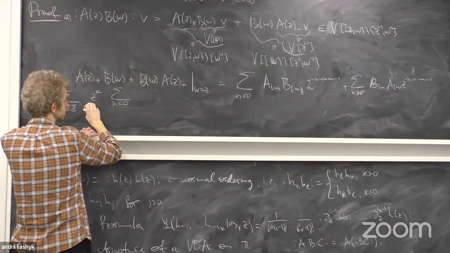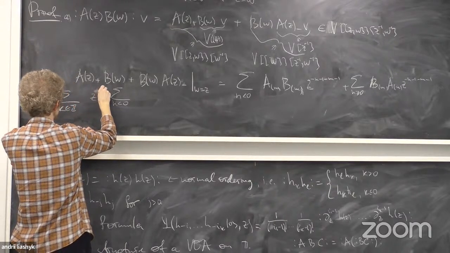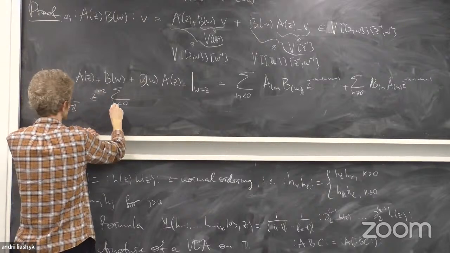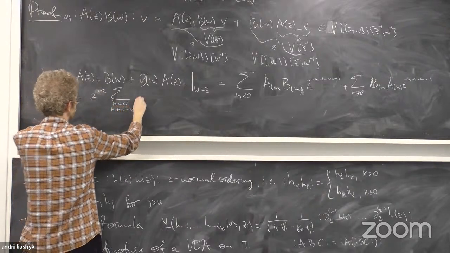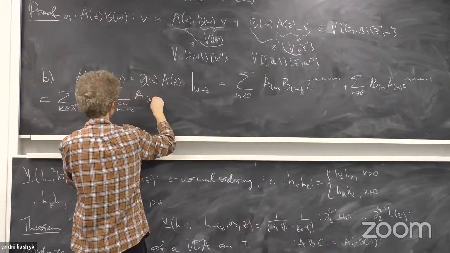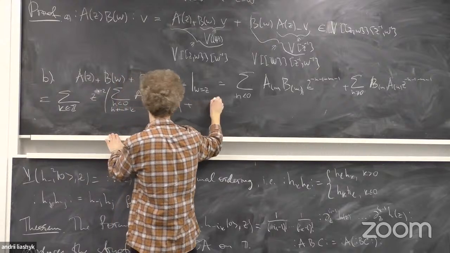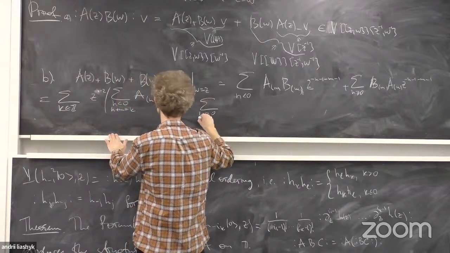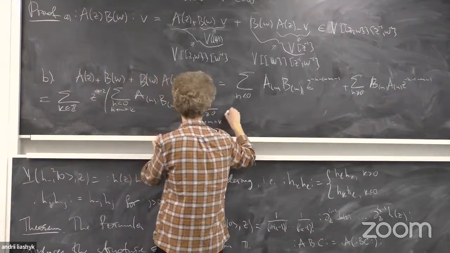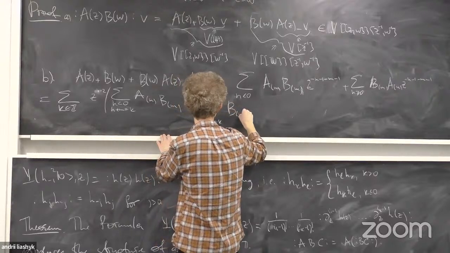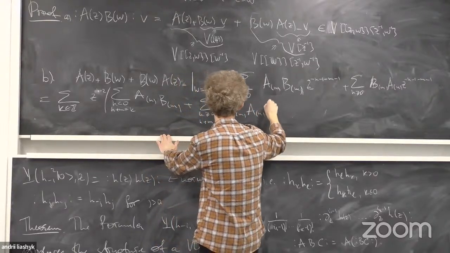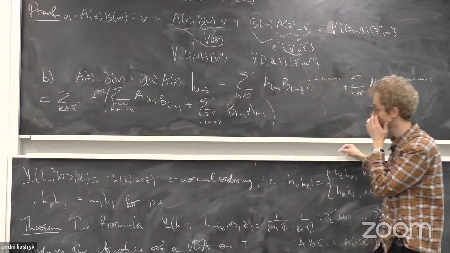Let me maybe write it minus k minus 2, and here n plus m is k, A_n B_m, plus the sum over n greater than 0, n plus m is k, B_m A_n. Okay.